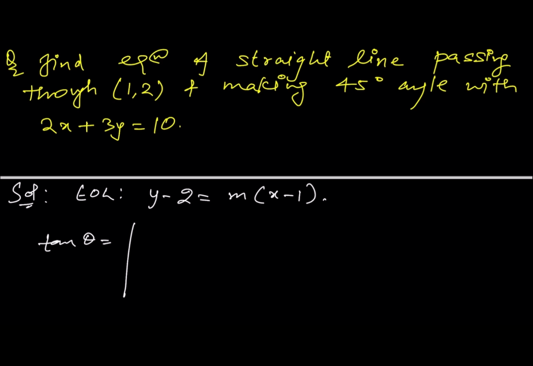mod of (m1 − m2) upon (1 + m1 m2). So m1 is −2/3 and m2 is m.